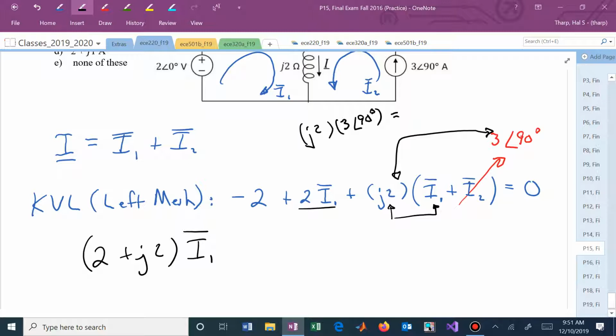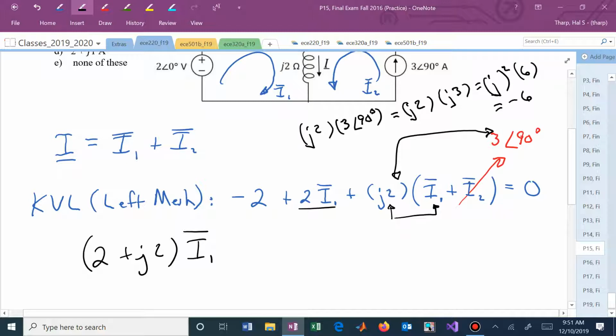That's j squared times 6, and j squared is minus 1, so minus 6. That minus 6, which I obtained from j2 times I2, I'm going to put on the other side, and that will end up then, along with this minus 2 on the left, giving me 2 on the right, and the minus 6 on the left gives me 6 on the right.